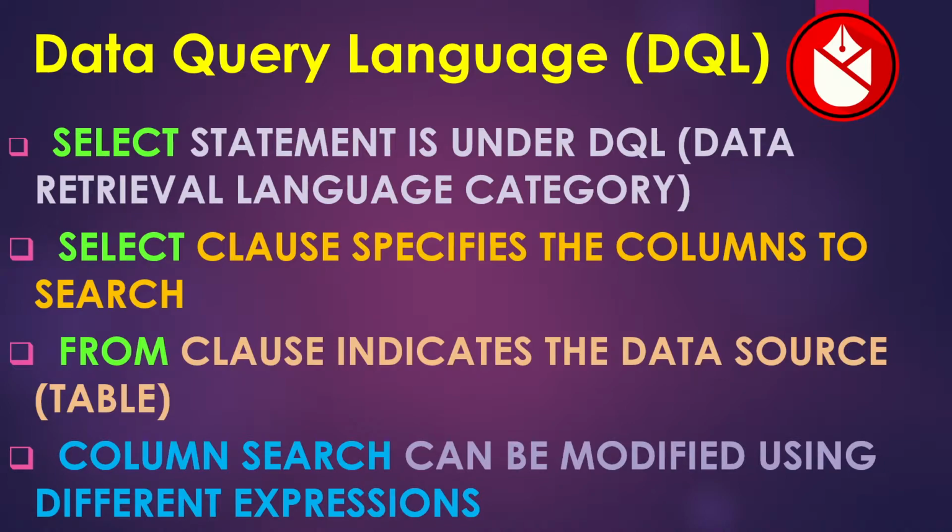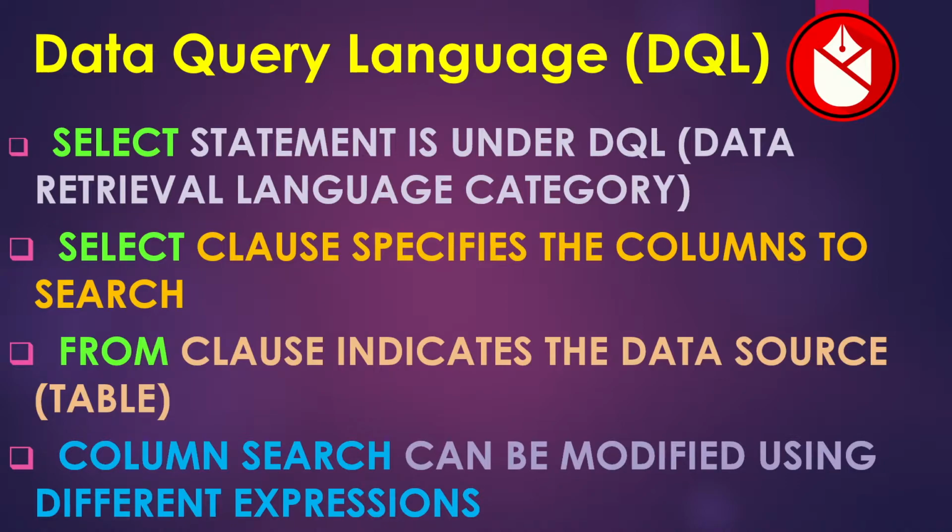Suppose salary is a column. Instead of getting the output of salary only for 1 month, we can multiply the value of salary with 12 to get the salary per annum. So these are the expressions which are used with the select clause.